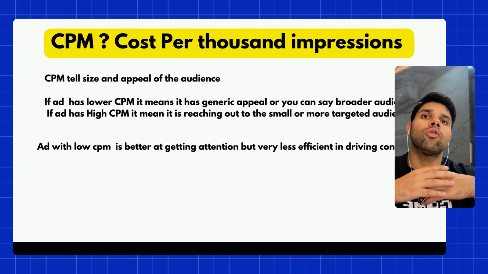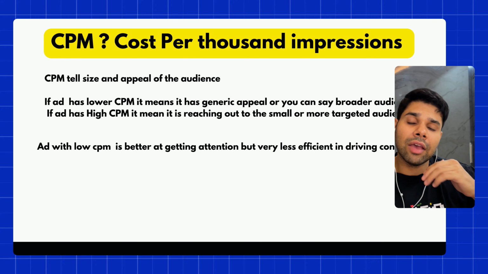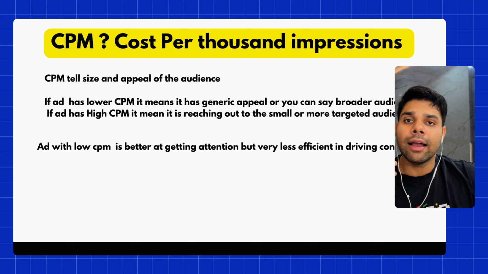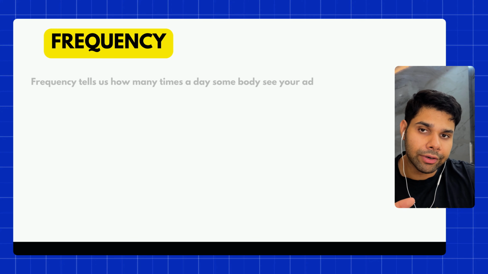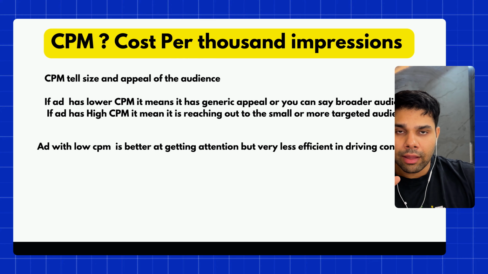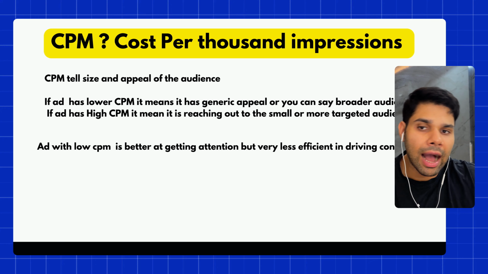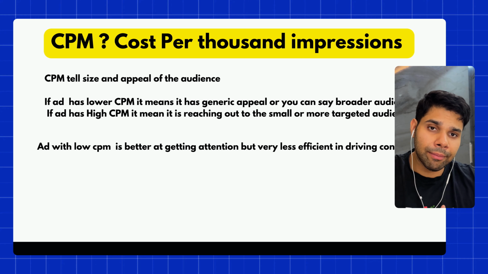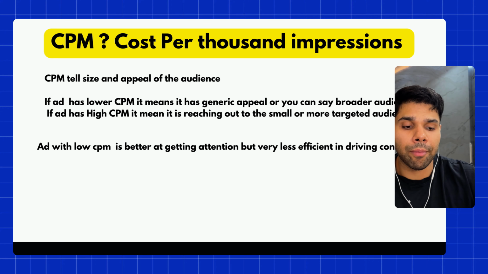Like it is reaching the broader audience and giving a low CPM. It means it is grabbing good attention but is less efficient in driving conversions. So don't get scared of high CPMs. In the upcoming metrics, I will tell you how to use CPM to see which ad is performing, right?